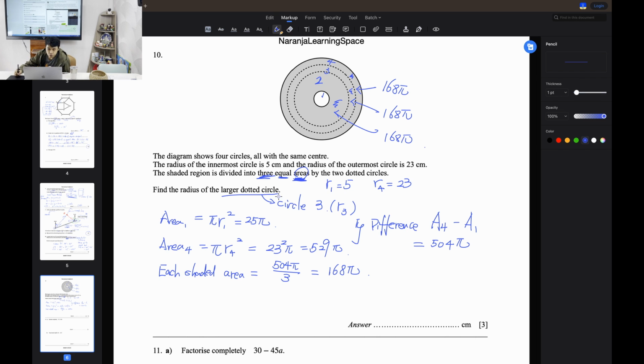And now, to find the radius of circle 3, R3, we know that the area of circle 3 equals pi R3 squared, and that equals A4 minus 168 pi, right? Because the outermost shaded area is 168 pi, so you just minus it off.